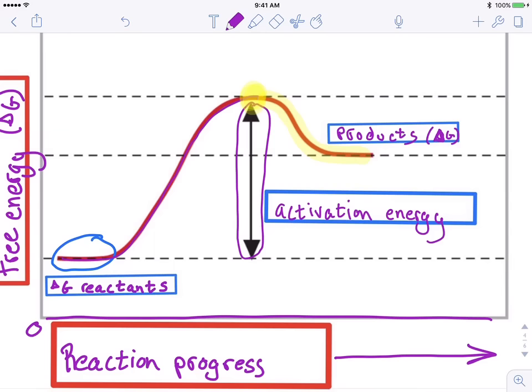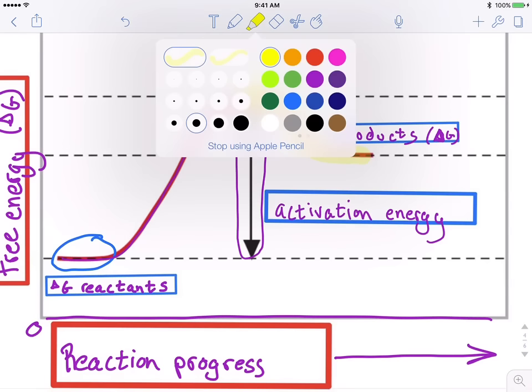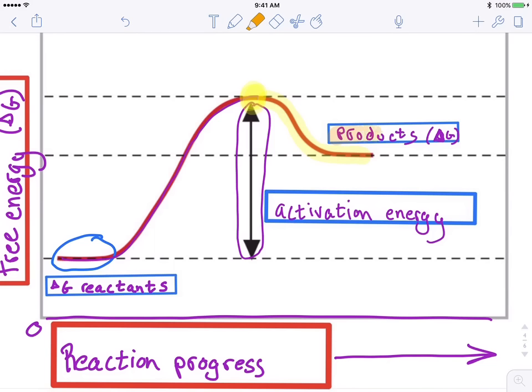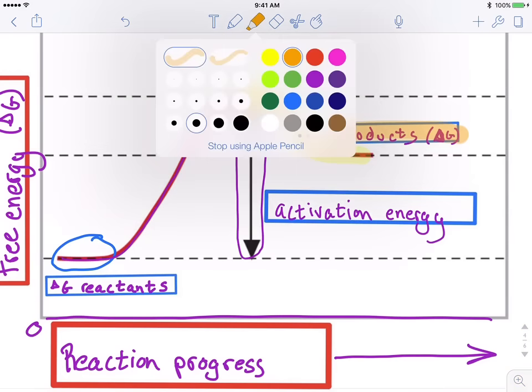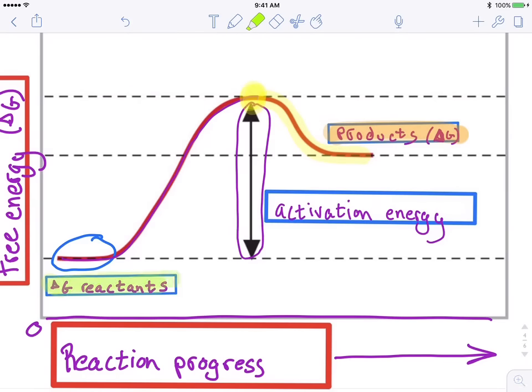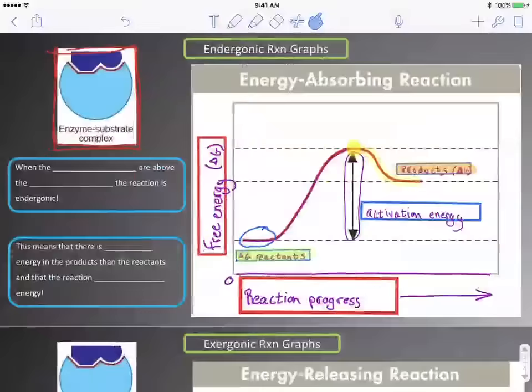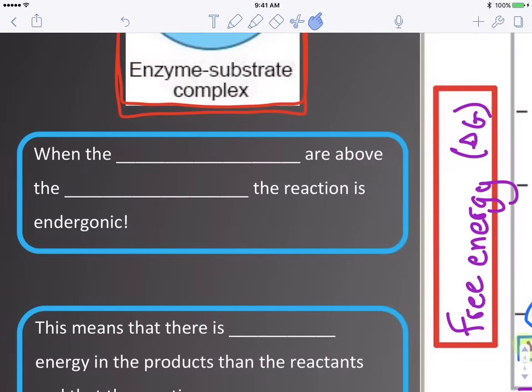What I want you guys to note is that the products here are higher than the reactants. The reactants are all the way down here, but our products are all the way up there. Okay, what does this mean?